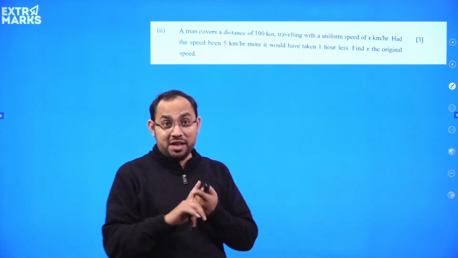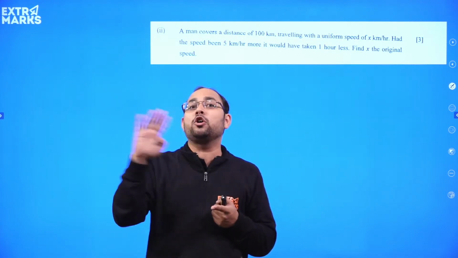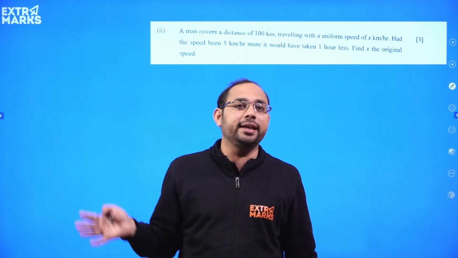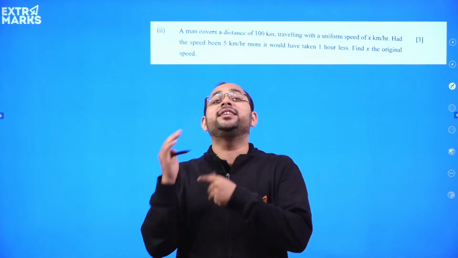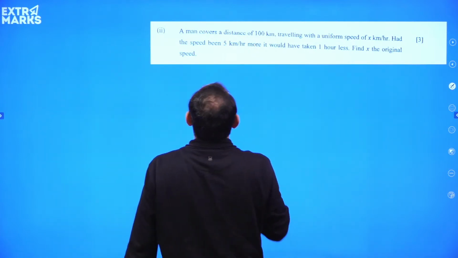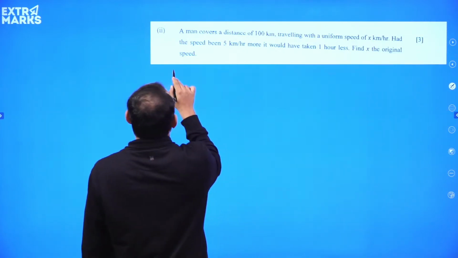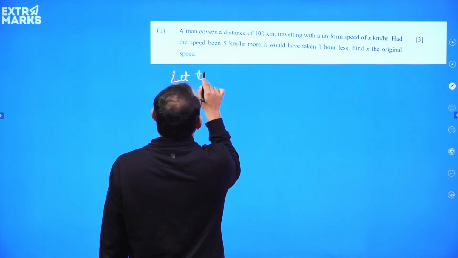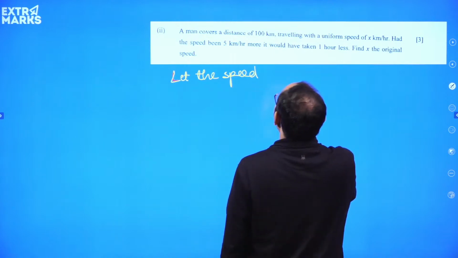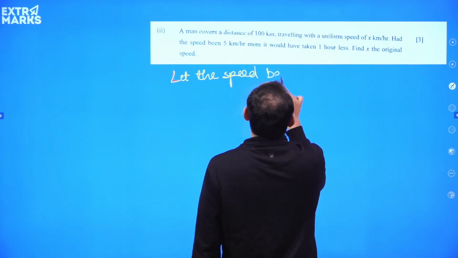Now, a good question combined with a very simple question. This is also not a difficult question by concept, but because solving the quadratic and everything is happening, the chances of calculation error increase, right? So let me write first of all, let the speed be x.